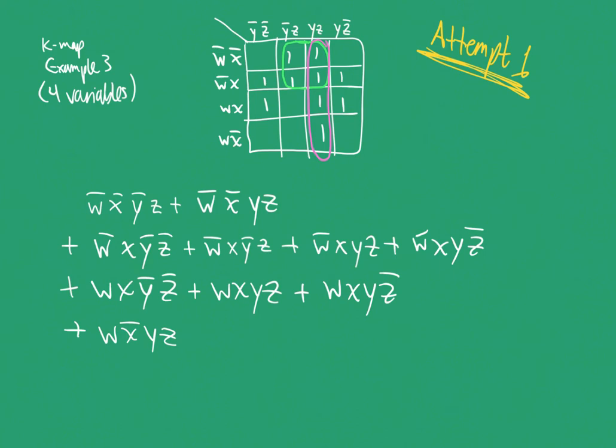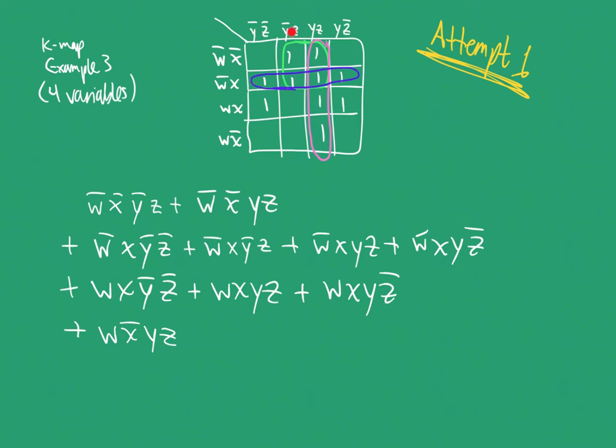And then there's going to be a full row of ones. It's helpful to remind ourselves from the previous example what this row means.